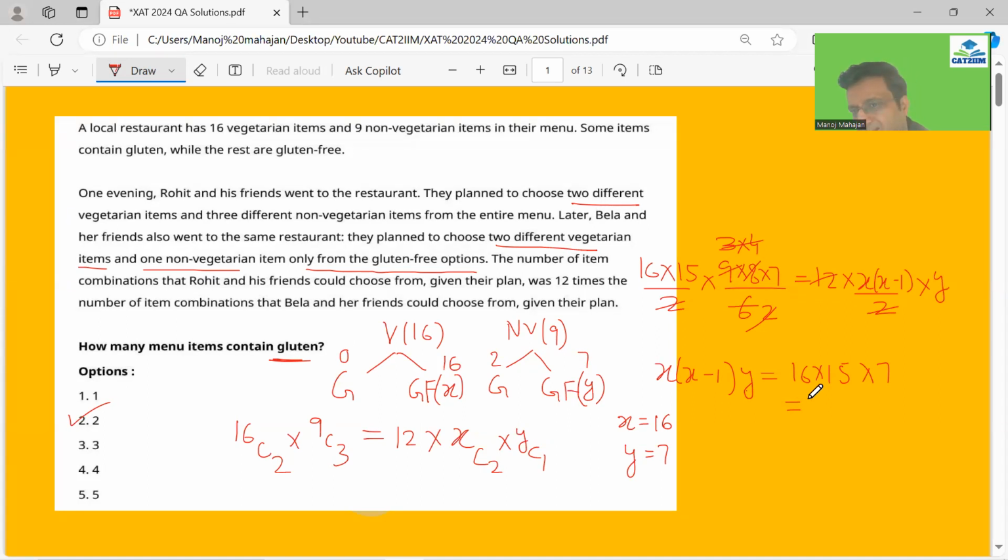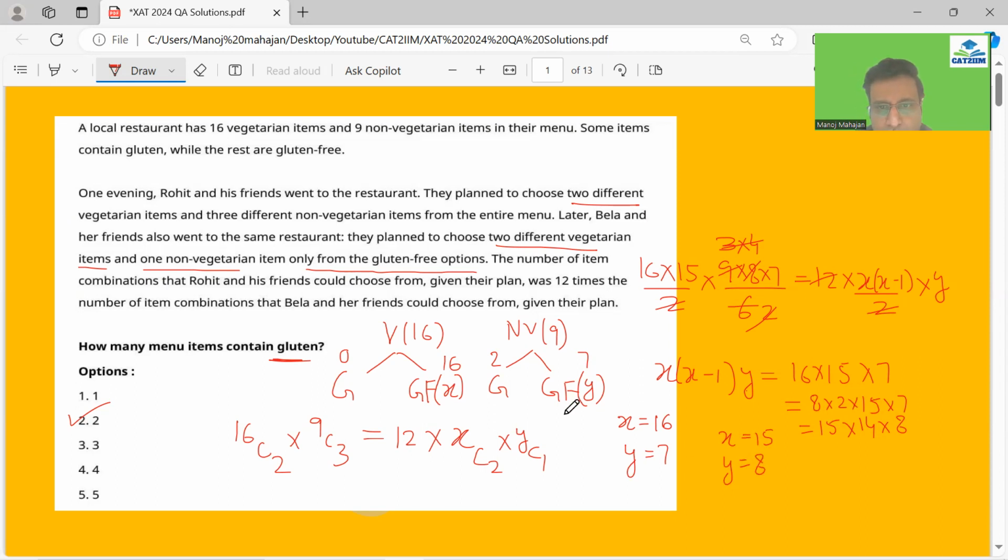I could also rearrange and write like this. The 16 is 8 into 2. So can we also write like this? If I say 15, 2 into 7 is 14 into 8. So I think this could also be one of the solutions, that X becomes 15 and Y becomes 8.